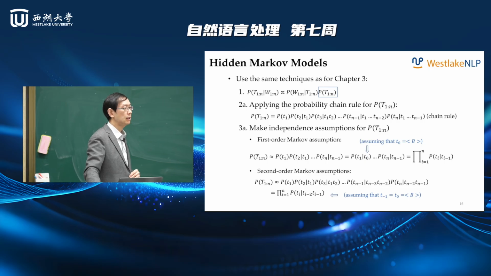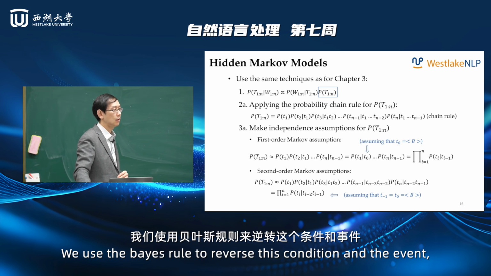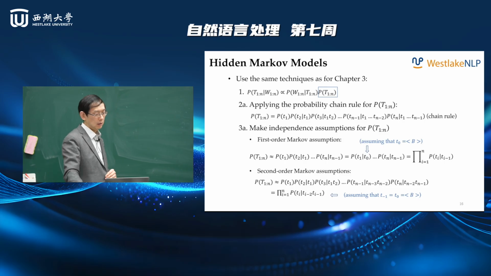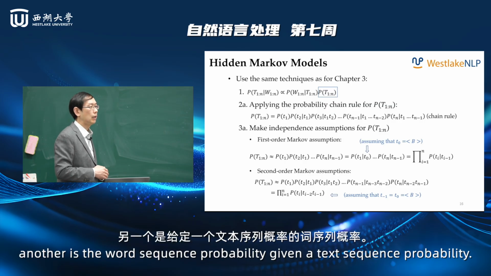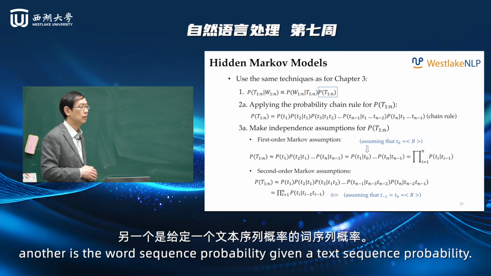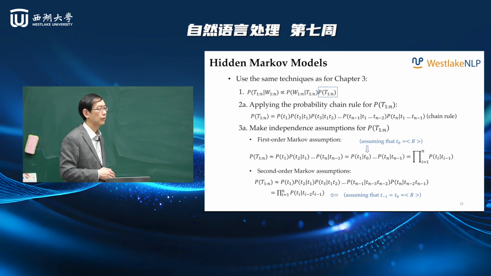Basically we use the Bayes rule to reverse the condition and the event, right? And so now I got two components. One is the tag sequence probability. Another is the word sequence probability given the tag sequence. Let's first look at the first one.